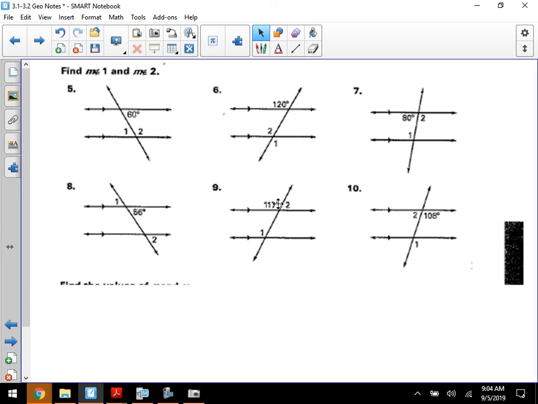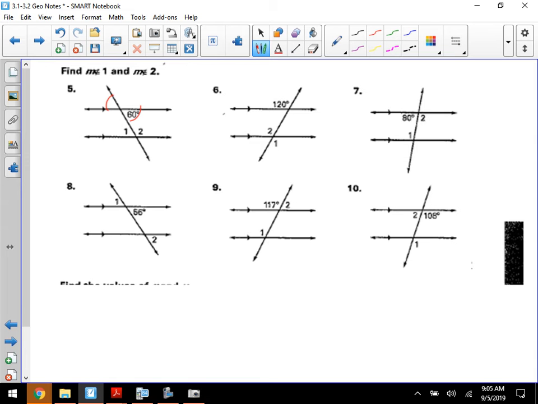It means angle. So if I'm looking at 5, automatically what I do for any diagram like this, I always start in my upper left-hand corner and put a tick mark. I know then to automatically go vertical because vertical angles are always congruent.